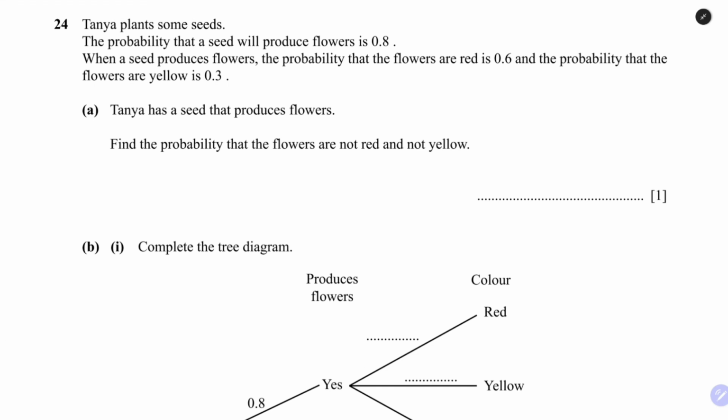Now let's break this down. First and foremost, when we're talking about probability, you need to bear in mind that the total probability of an event happening, that is the certainty of an event happening, is 1. If it is impossible, it is 0. So your probability ranges from 0 to 1.